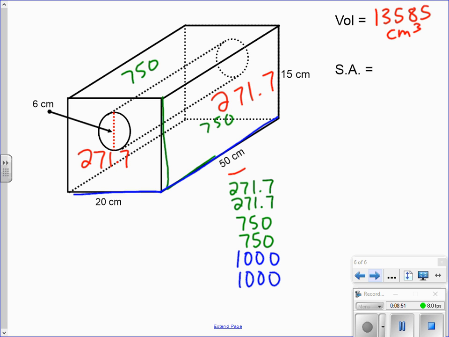And now, this is the most difficult part, is we need to find the surface area of the walls of this circular tube. Remember, it's a rectangle rolled up to find the surface area of the outside of the tube. So we're looking for this rectangle that has been rolled up to make the cave that goes through this box.